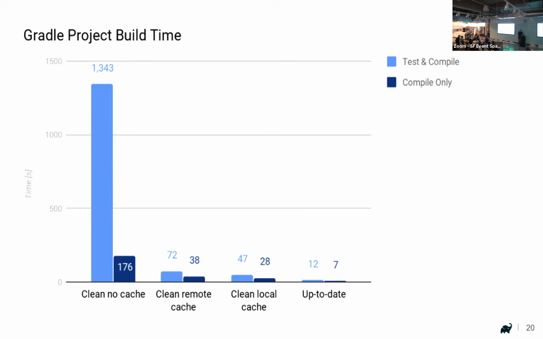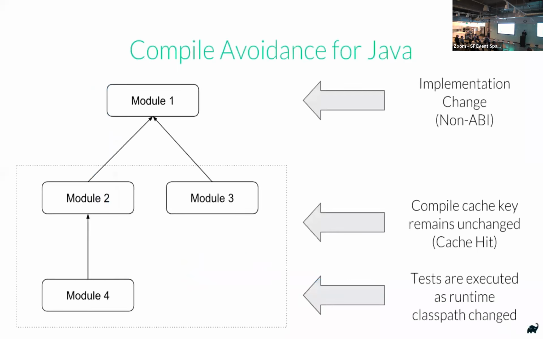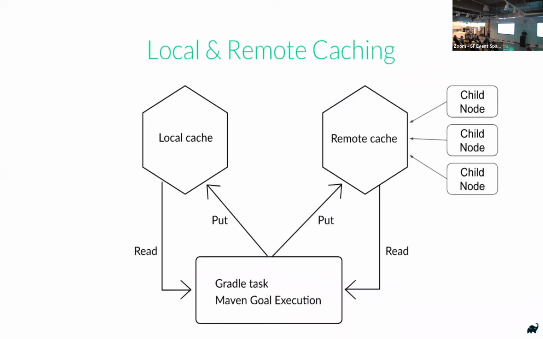With the remote cache, you can do this. It's fine, because the cache will make this so fast. There's some smart stuff we do, but I will skip this for today.